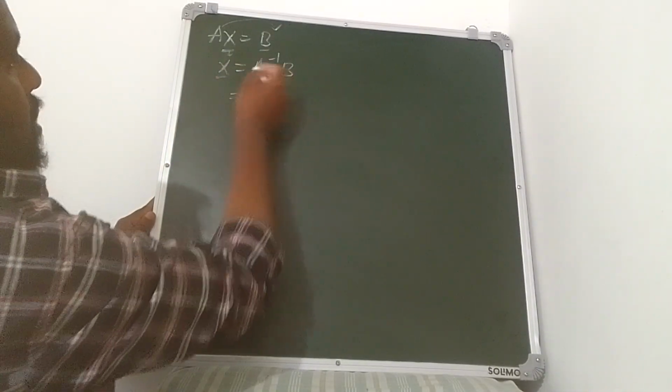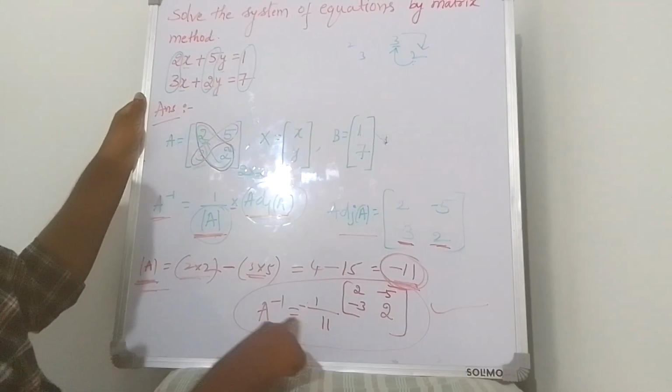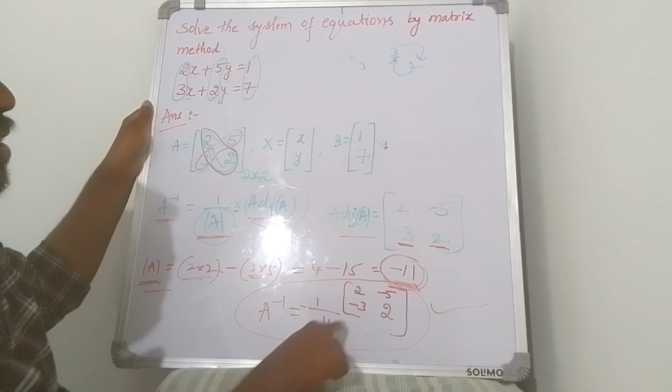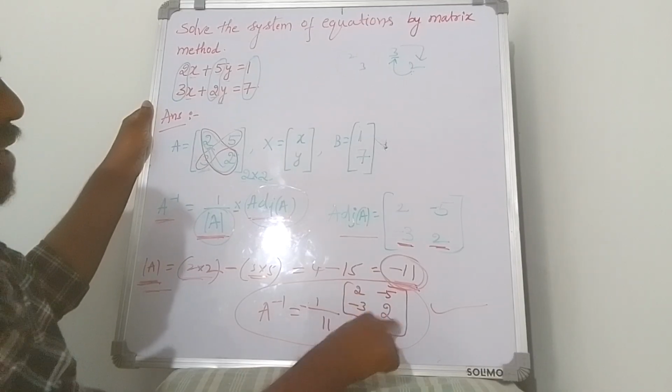I will substitute A inverse. A inverse is minus 1 by 11 and this matrix 2, minus 5, minus 3, 2.